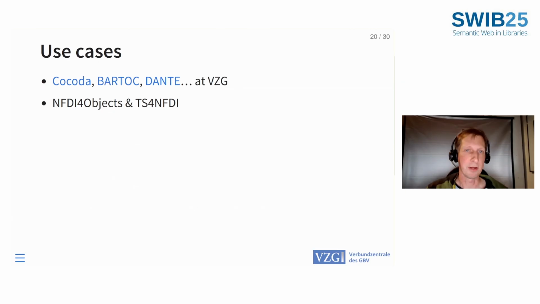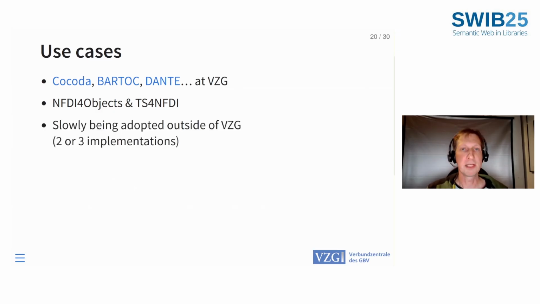And I hope it will get some more attraction and people, if needed, use it in other NFDI consortia as well. So it's slowly being adopted outside of VZG as well. We have 2 or 3 implementations existing or being worked on, that I know of, by other people. But the main use case is our infrastructure for terminologies.